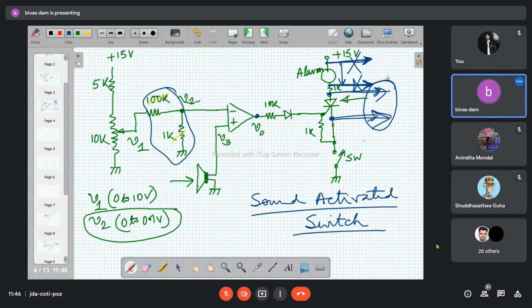As soon as you clap your hand, this switch is on, so this contact is made, and that door opening circuit becomes activated. So this sound activated switch can have many such useful applications.